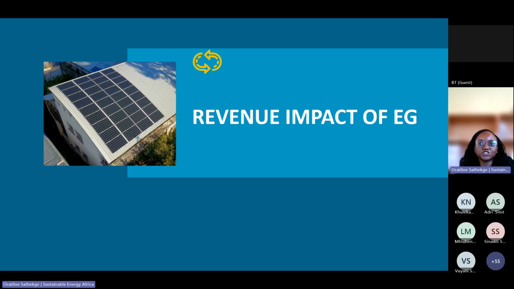In my presentation today, we'll unpack the revenue changes caused by small-scale embedded generators and look at real case studies of the way tariffs were designed by municipalities, and the different strategies used, where we seek to land at a tariff that is both sustainable and also affordable for customers.